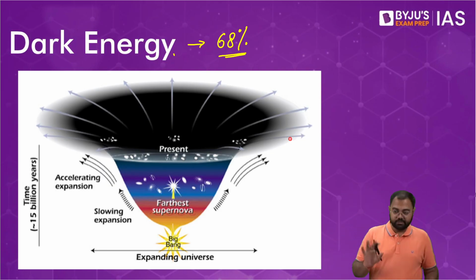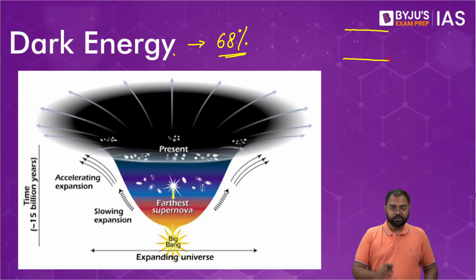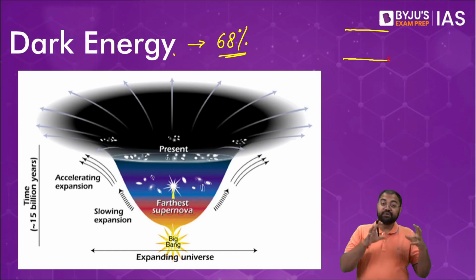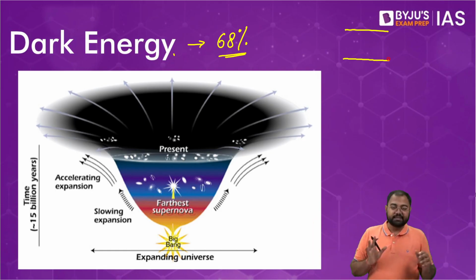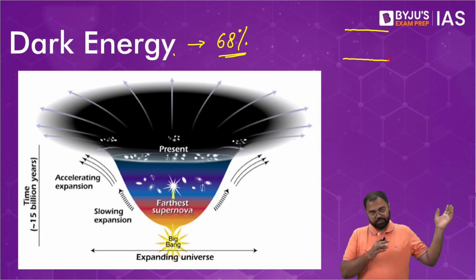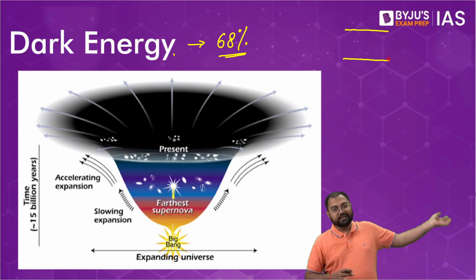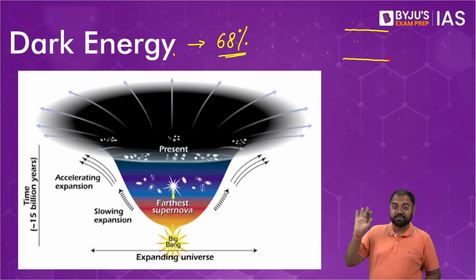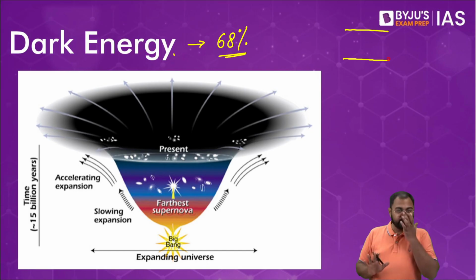Initially, it was said that the universe is flat, and it always has been like this. That the structure of the universe, whatever it is today, was the same yesterday, was the same lakhs of years ago, and is going to be the same lakhs of years from now. This is what we used to say about the universe.